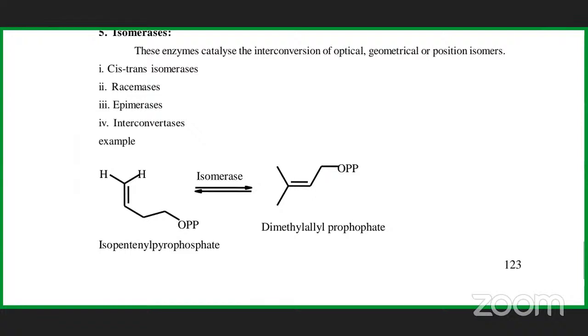Isopentenyl pyrophosphate, IPP, is converted into dimethylallyl pyrophosphate, DMPP. IPP converts into DMPP.